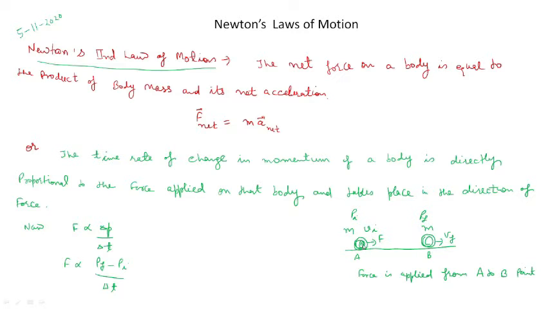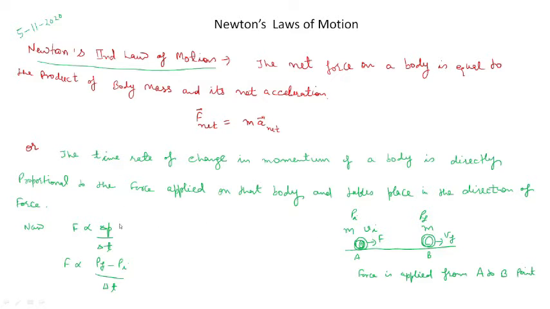When we apply a force on this body, let us say it reaches point B. Under this force, as mass remains equal to small m, and let us say at point B its velocity is represented by vf, then its momentum will be pf. pf will be equal to m into vf.